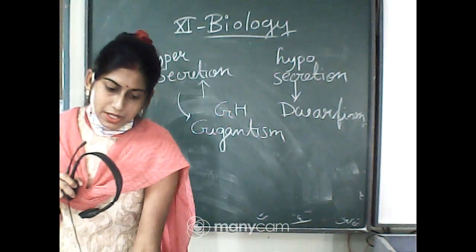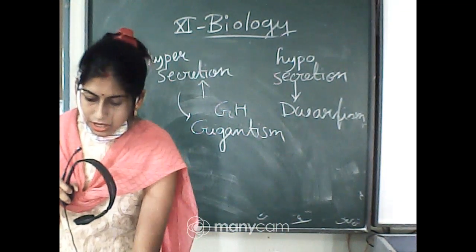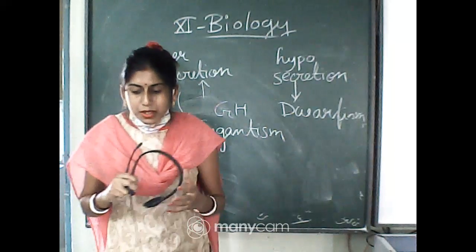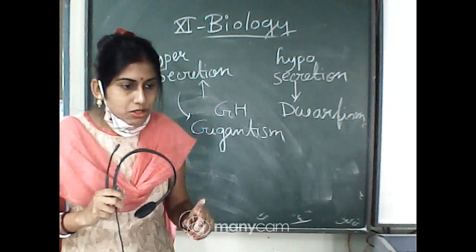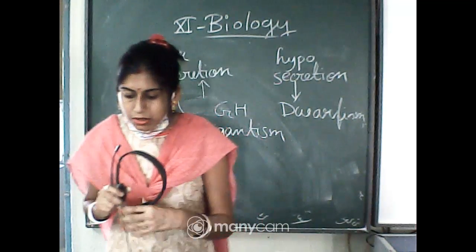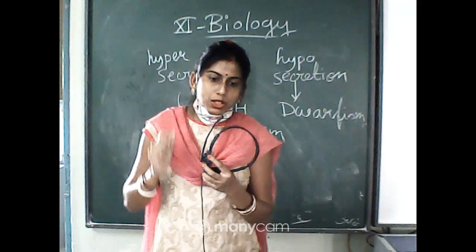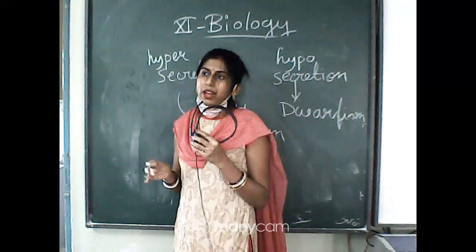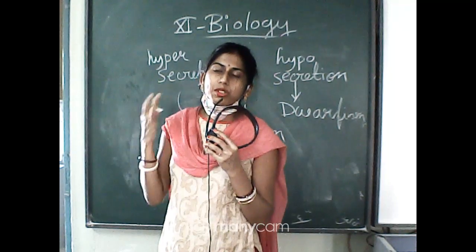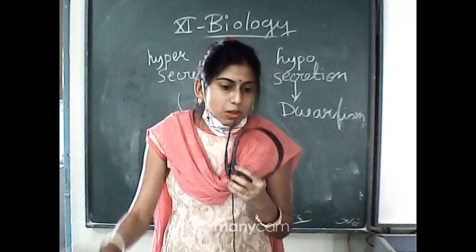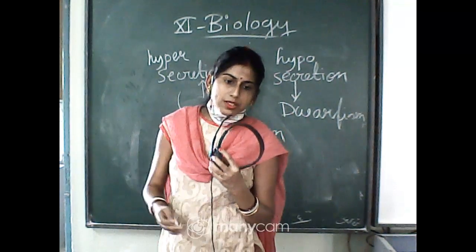And vasopressin acts on the kidney and stimulates the reabsorption of water and electrolytes from the distal tubules, and thereby it reduces the water loss through urine. When our body gets dehydrated, we should not release water from the body. We need to conserve the water.